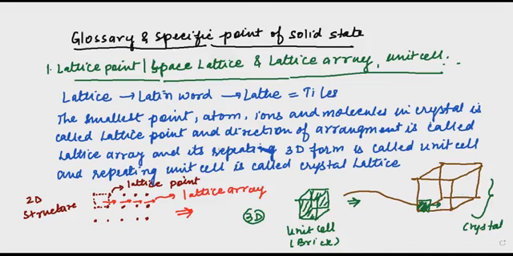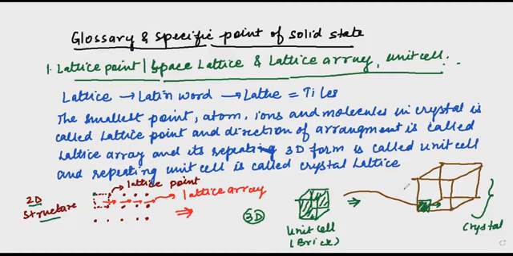Clear? So you see that this is the smallest atom. This is called a lattice point, and it is a 3D structure. Then its repeating unit arranged in a particular direction is called lattice array. Then it forms a 3D structure. This is called unit shell. And one unit shell means, here we imagine, one brick. This is arranged in a whole 3D direction.